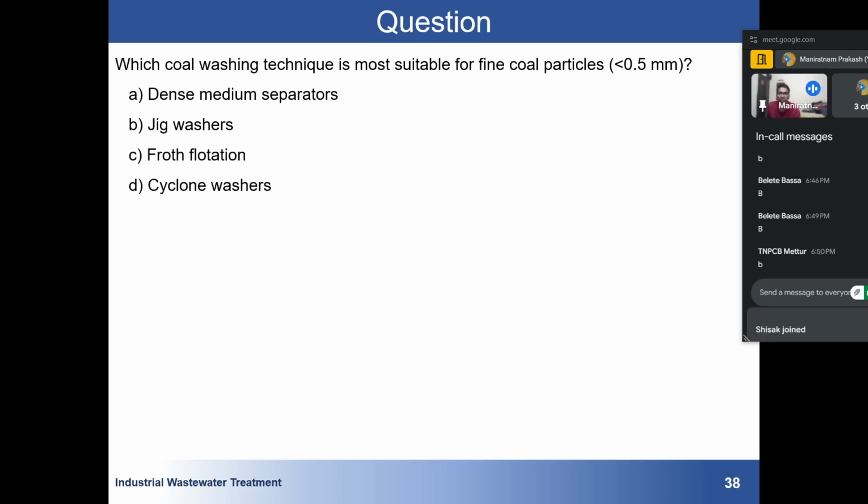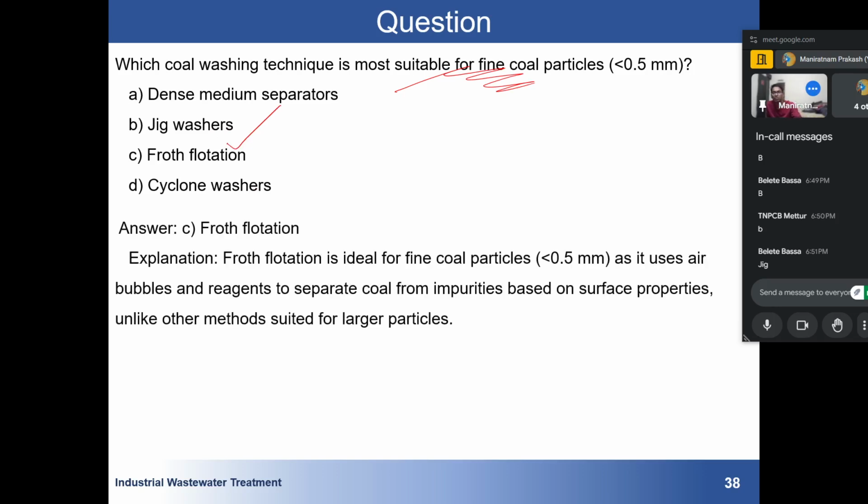Which coal washing technique is most suitable for fine coal particles? Jig washers. B. No, not jig washers.